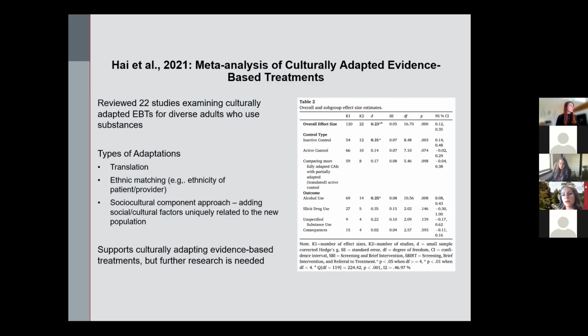Previous research by Hall and colleagues have found medium effect size for culturally adapted interventions. But I think that this is really awesome to see that this is an effective approach, and really that's what we're doing here. We're trying to find out for whom our interventions work. And so types of adaptations here really focused on translation, so around language, again, how I mentioned who the provider is, so someone from within the community, and then social cultural components.